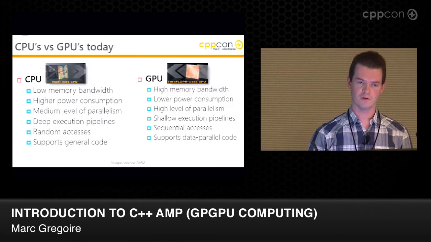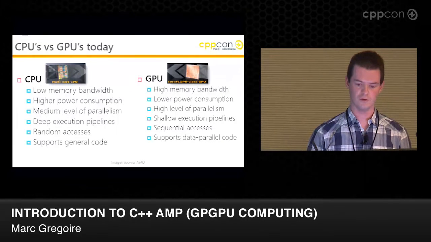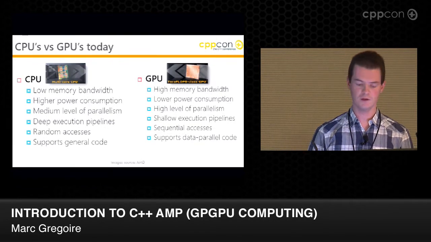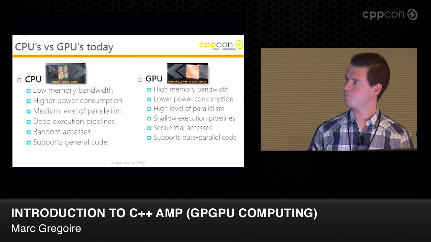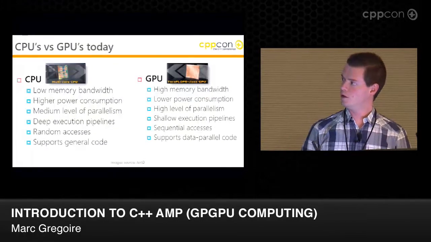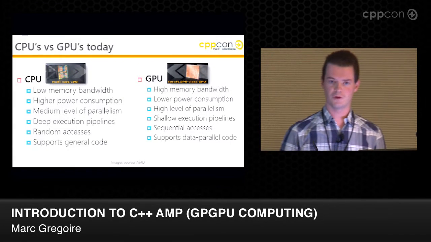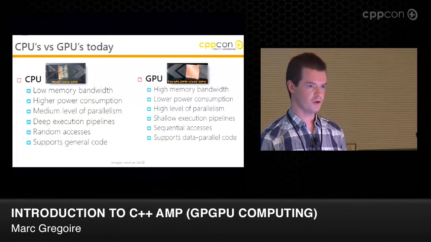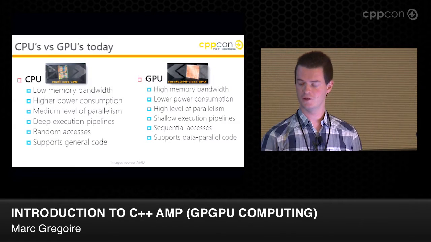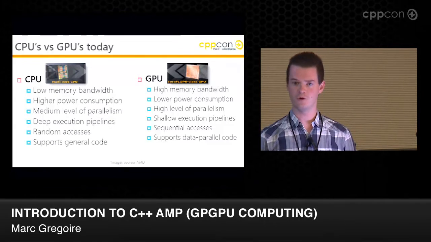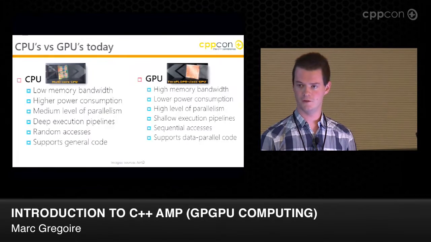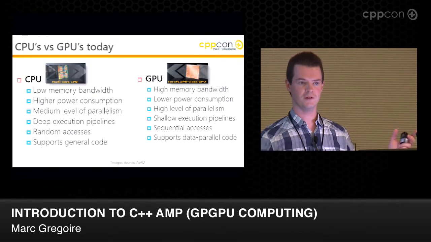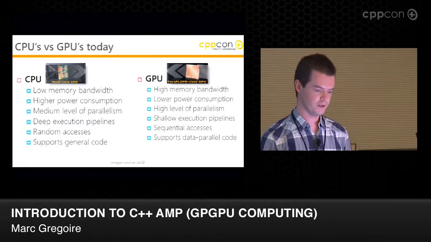On a GPU, you're talking about 1,000 or 2,000 computing units, so that's highly parallel. The CPU supports completely generic and general code because it has to run everything: your operating system, all your programs, and so on. The GPU really likes data parallel code, where you have a lot of data and you have to perform something on all that data.